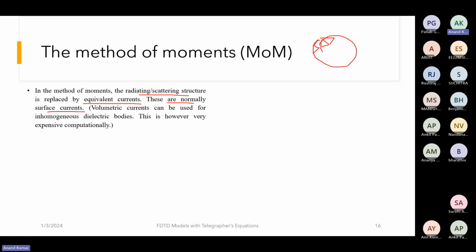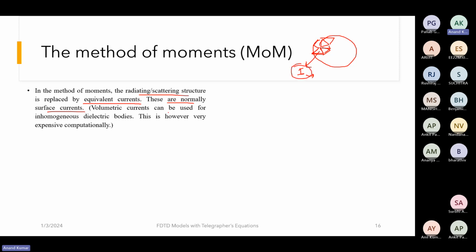And once we have discretized the surface, we solve for surface currents using the method of moments on each of these elements. And once we have the surface currents on each of these elements, most parameters can be derived from these values.